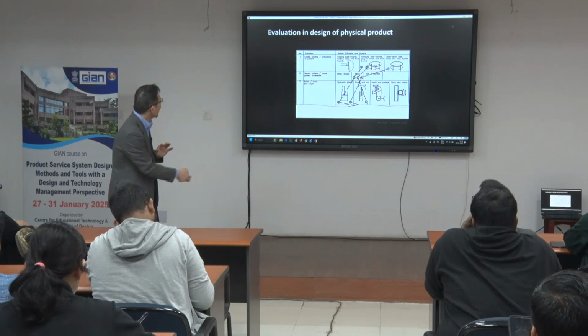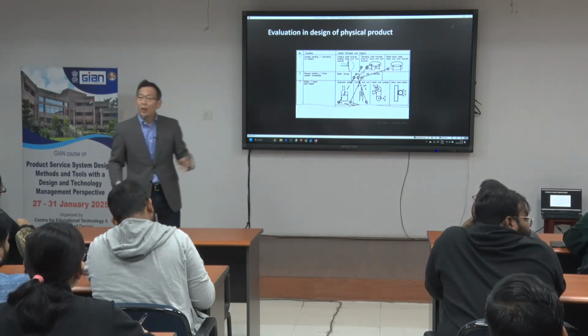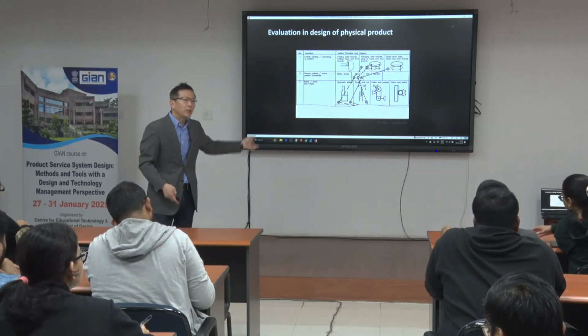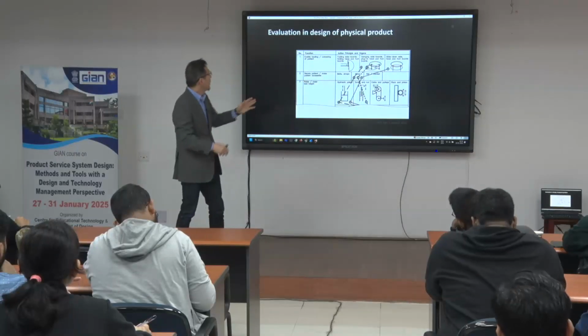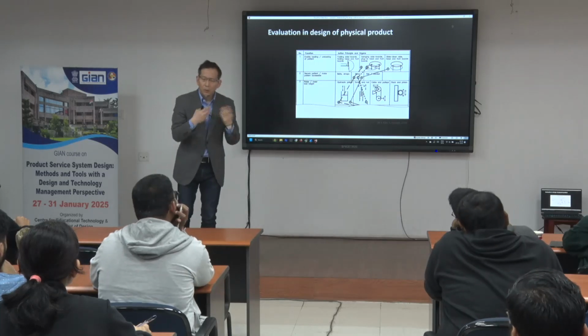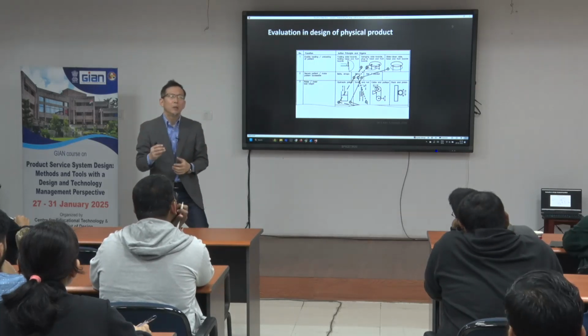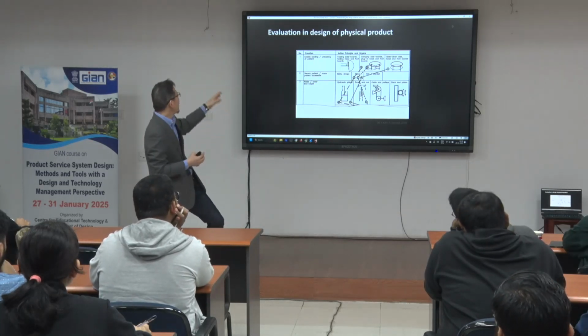So the question now, then. I'm quite sure that you have seen this kind of presentation showing a morphological matrix. On the horizontal axis, you see those parameters you saw on the previous slide, function and principle and technologies and like that. And then you list up possible alternatives for each parameter.